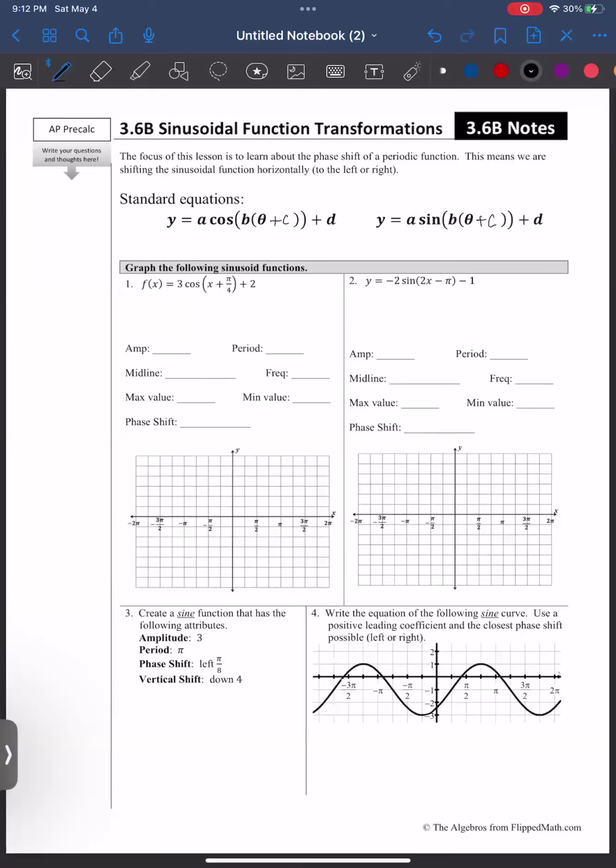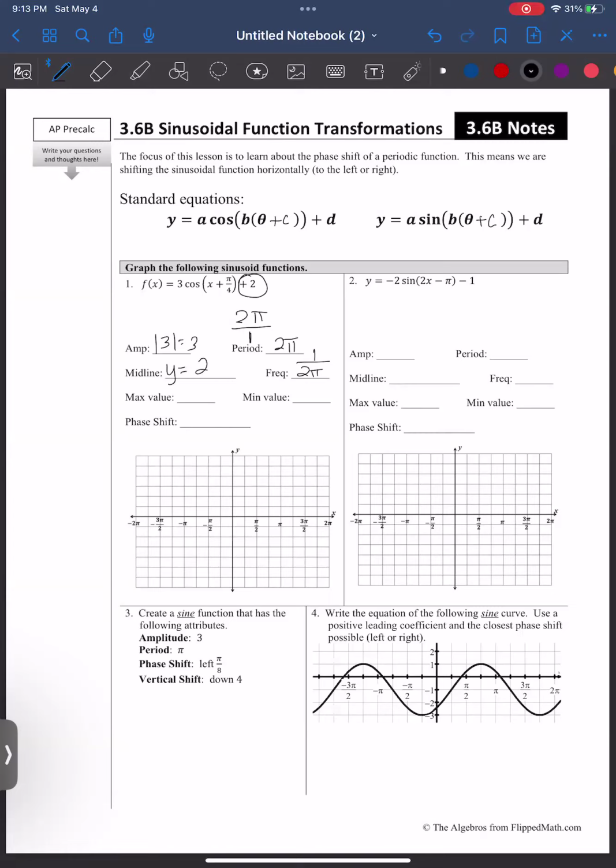So my amplitude, once again, is just the absolute value of 3, which is just 3. My period is going to be 2 pi over b. But now there's no b here, it's just 1. So it's just going to be over 1, or just 2 pi, meaning that my frequency is 1 over 2 pi. My midline, well, now I have a plus 2, so it is going to be at y equals 2.